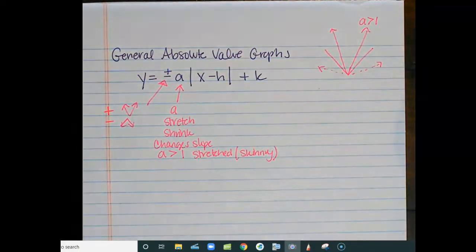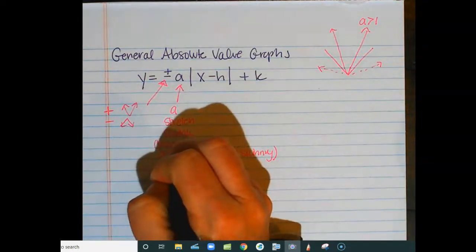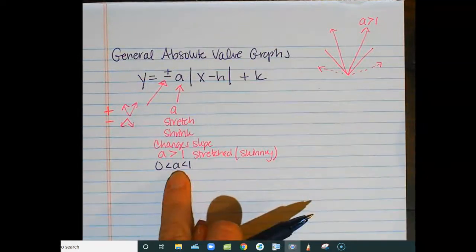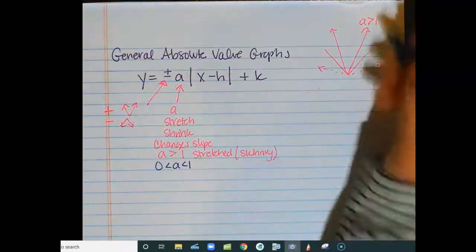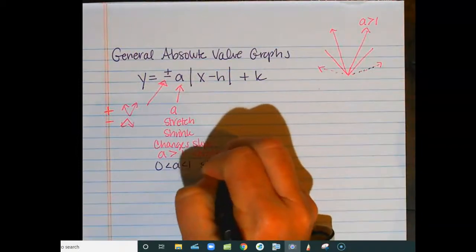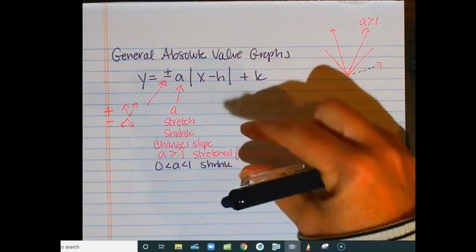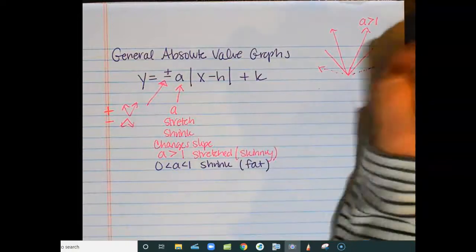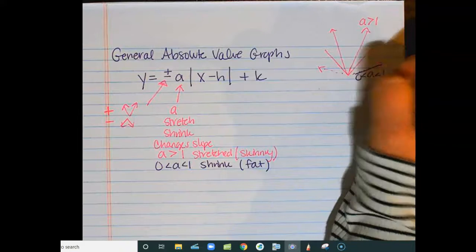But then, if we talk about A being a fraction, say A is between 0 and 1, so like a half or a third or 5/8, any number that's a small fraction, then it would be this graph, which is a shrink. You can imagine the whole graph kind of getting shrunk. And it's going to be more like a fat graph. So this is going to be A between 0 and 1.